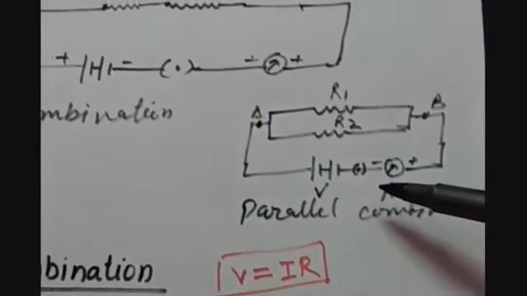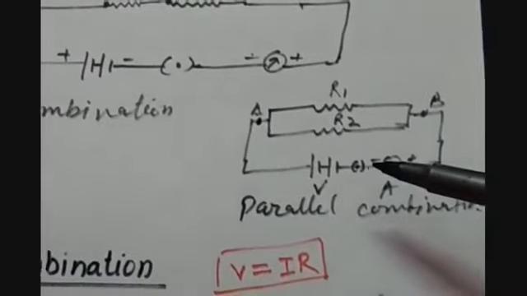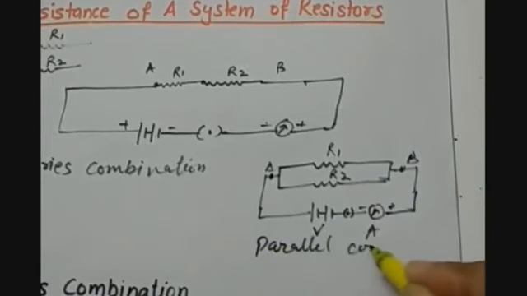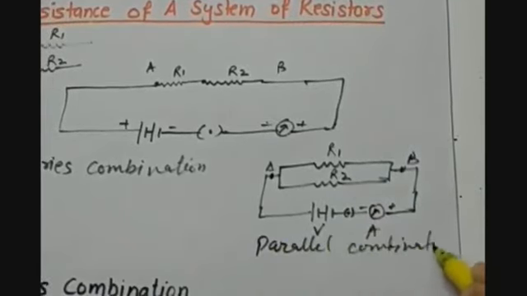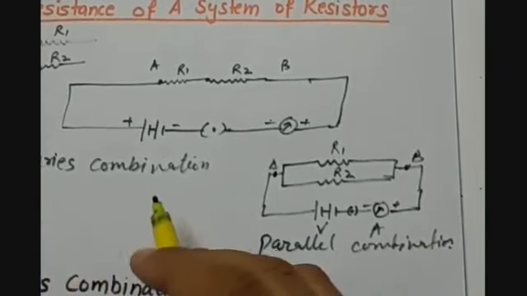So today we have to see what variation gets produced in the potential difference and the current of the electric circuit when this combination of resistances is introduced. This is called parallel combination. Today's lecture will only discuss the series combination of resistors.